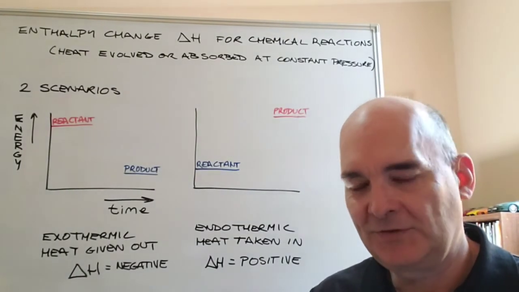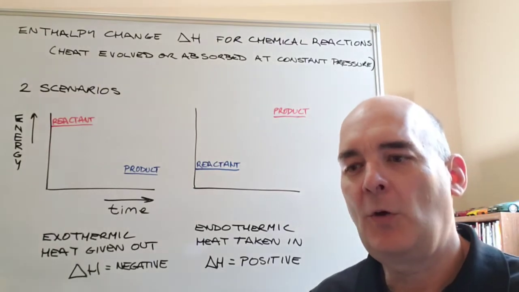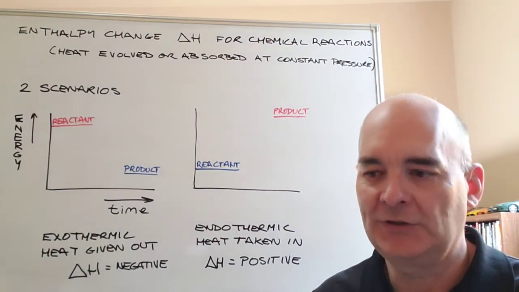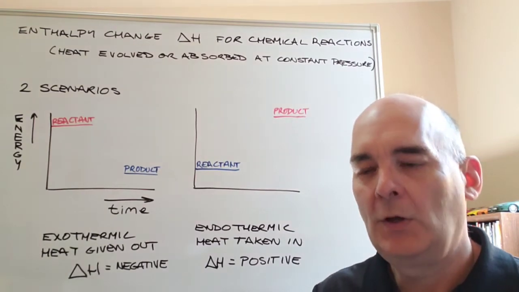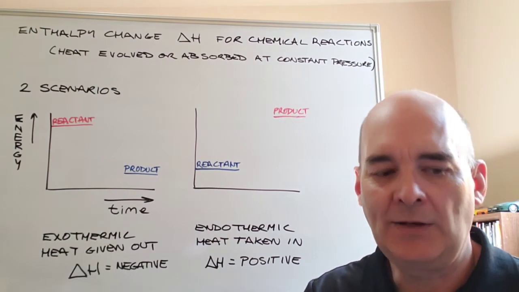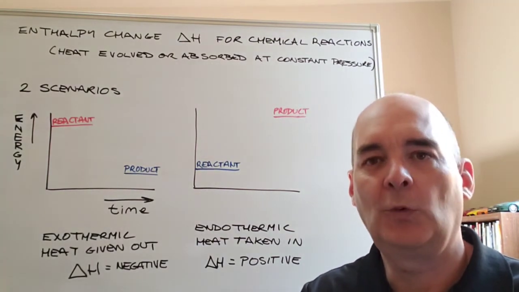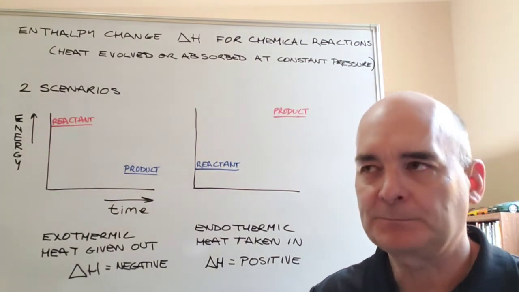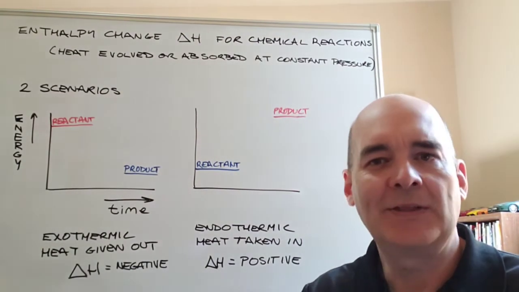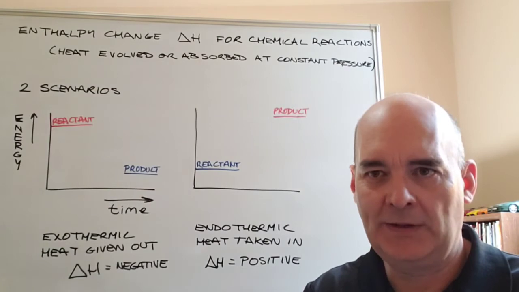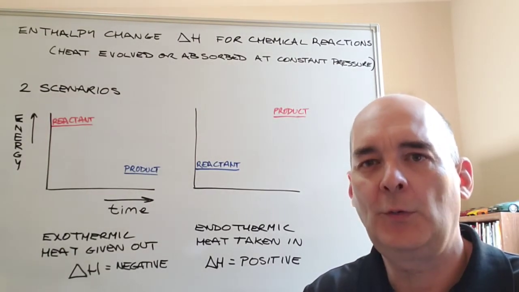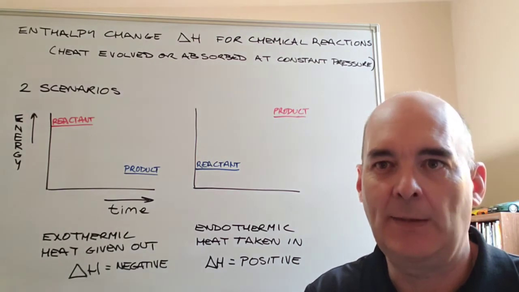As chemists, we're interested in knowing what the energy change associated with the chemical reaction is. And for that, we rely on something called enthalpy change. Enthalpy is just the German word for heat. But the distinction here that's important, and the textbook does not do a good job at this, is that we only want to know the change in the number.